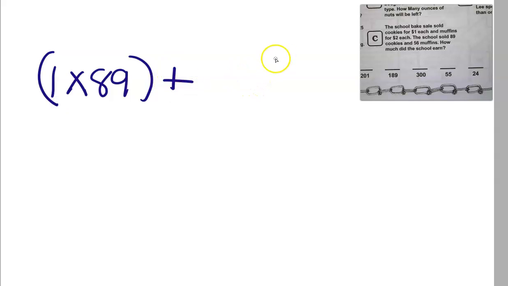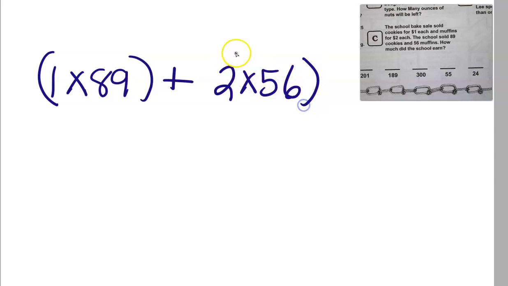And I'm going to add that to the muffins that they sold. Now they sold those for $2 each. They sold 56 of those. I'm going to find these 2 products first for cookies and muffins, add them together, and that total will tell us how much the school earned.